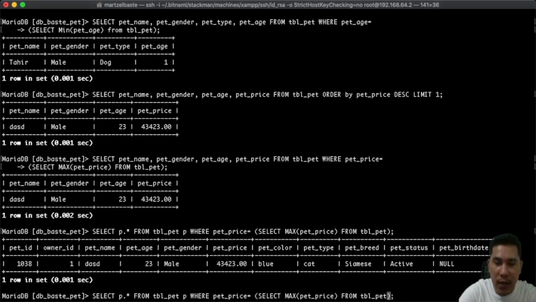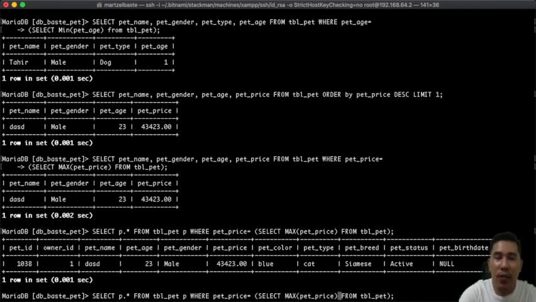Okay, so to do that, we are going to declare, so we have pet where pet price. Okay, and after that, we are going to use, instead, let's try to use where. Not automatically, if we can use both where and having, let's see if both are going to work. So pet price, select max pet price.